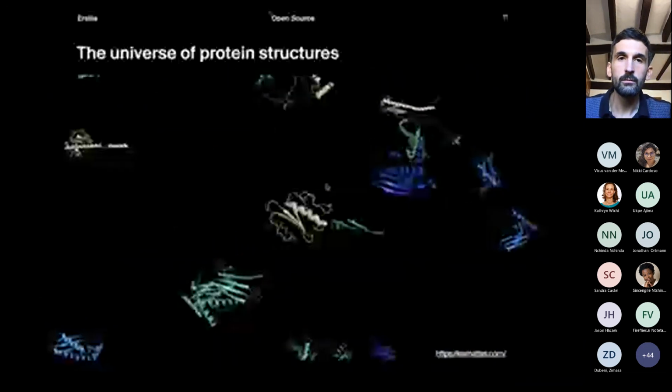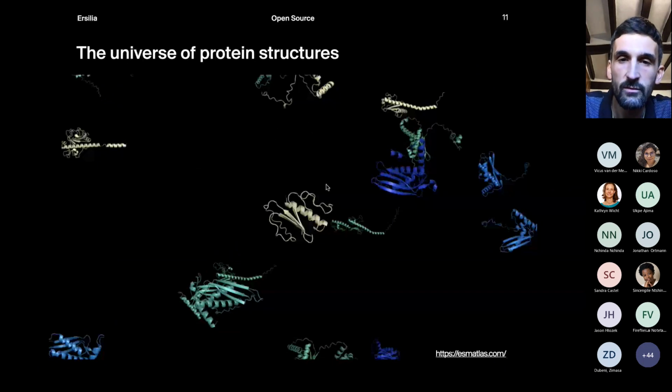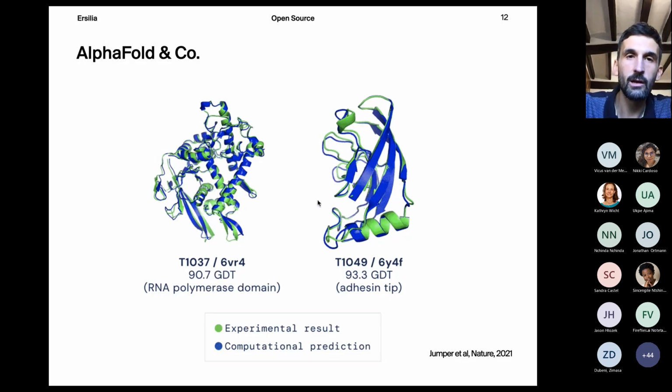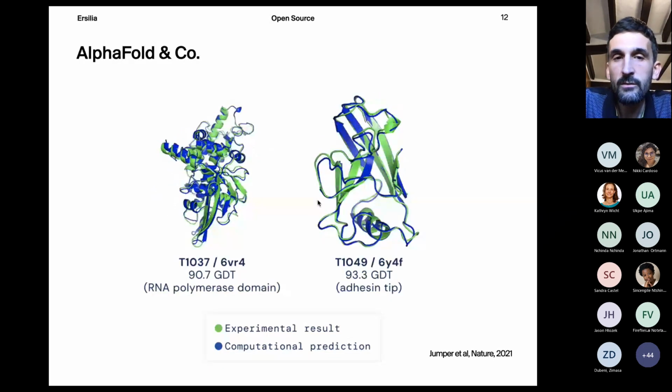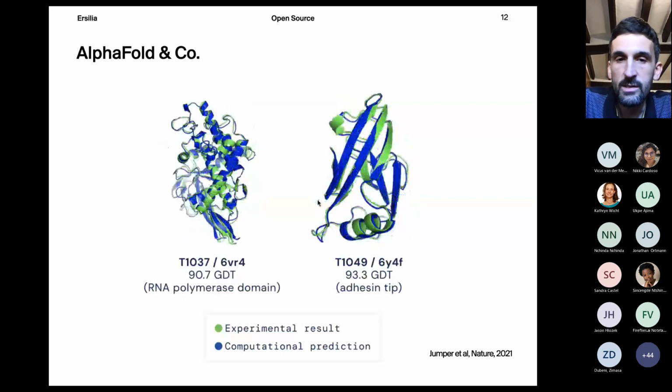This is what we call the structural proteomes, or the structural universe of proteins. It's extremely interesting to navigate these predicted universes because we discover known folds as well as new protein folds emerged by these tools. You all know about AlphaFold. AlphaFold is one of such examples. We have many more today. The idea is always the same.